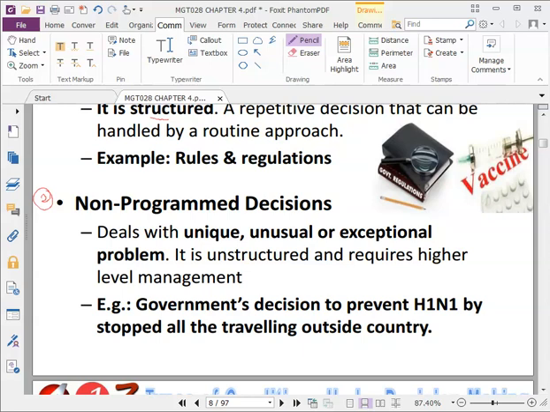Okay, dan kita memerlukan satu decision untuk mengatasi masalah tersebut. That is non-program. Okay, it is unstructured. Okay, if compared with the program decision, which is structured, non-program decision is unstructured and requires higher level management. Okay, siapa yang akan buat decision biasanya higher level of management.